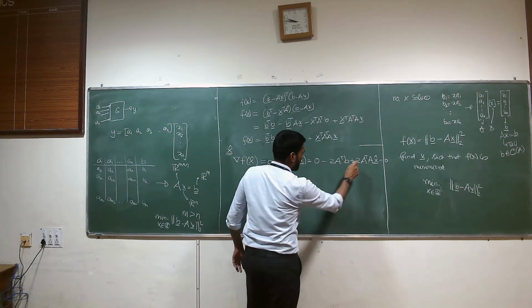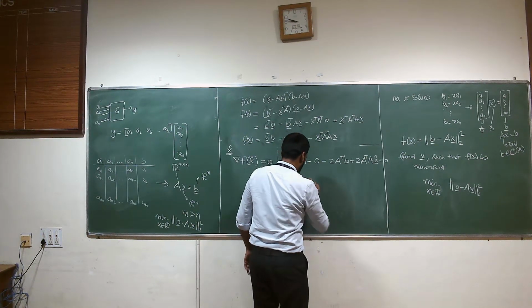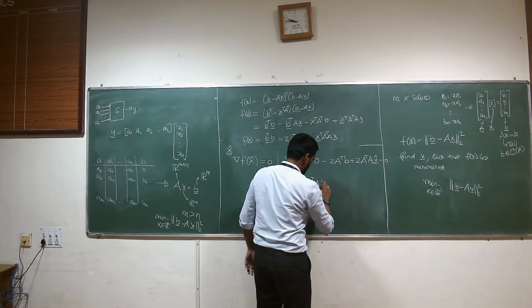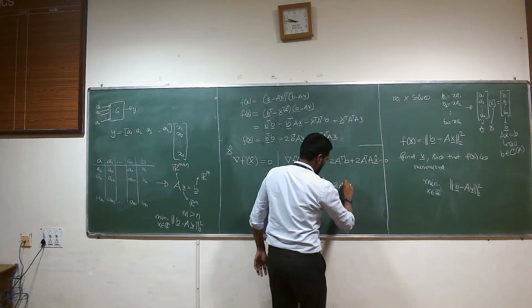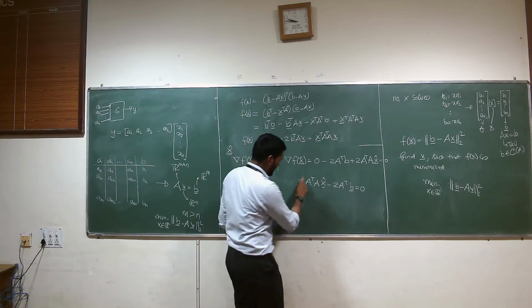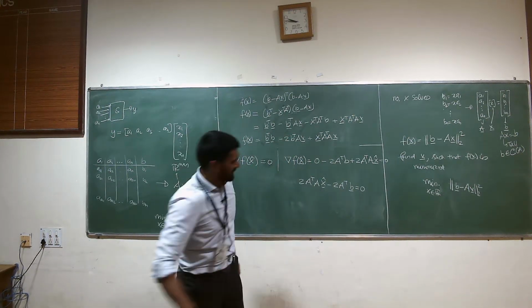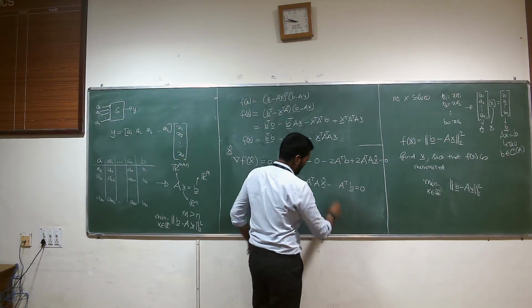That means 2 times A transpose A x cap minus 2 times A transpose b equals 0. I can take the 2 out. The 2 does not play a role here. And I can move this to the other side, then it becomes equal.